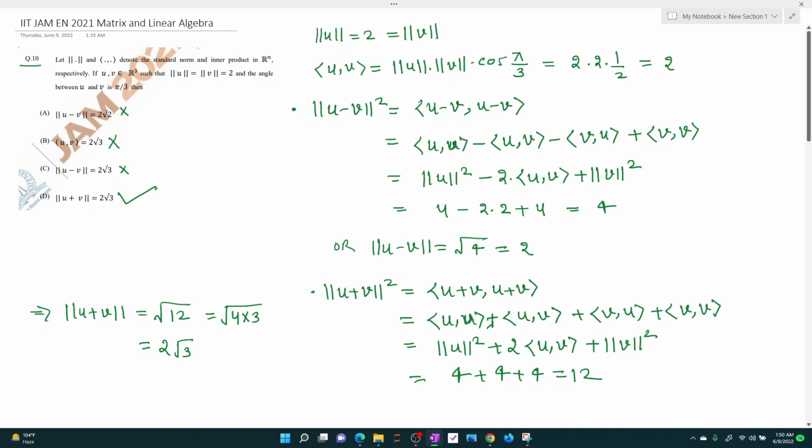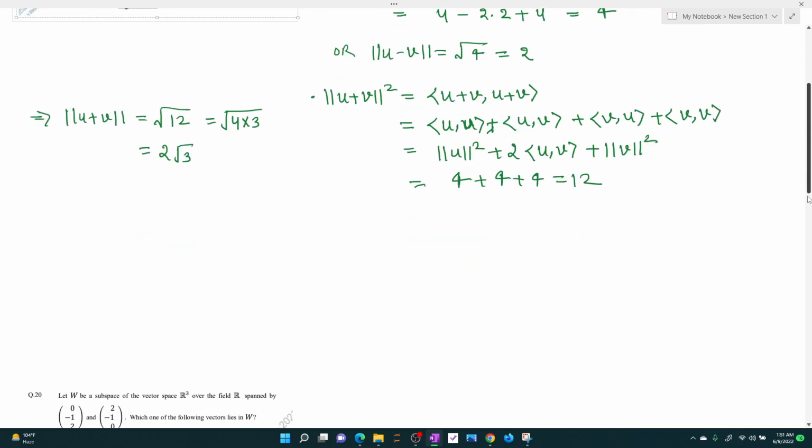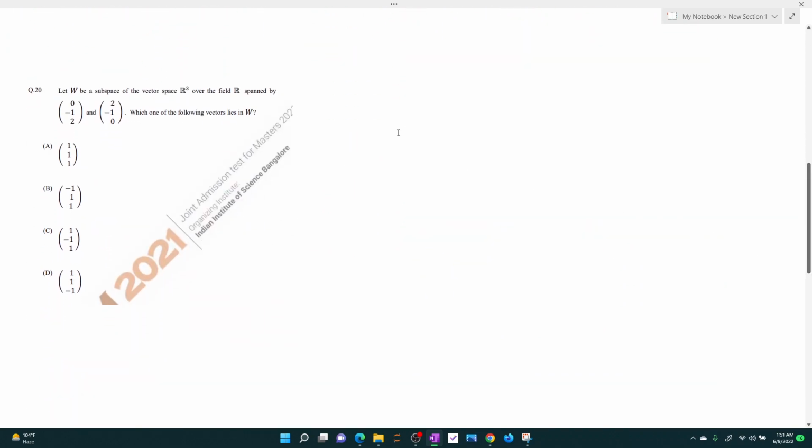Okay, so let's move to the second question of this video. This is question number 20, and given to us is that W is a subspace of the vector space R3, and W is spanned by the following vectors (0, -1, 2) and (2, -1, 0).